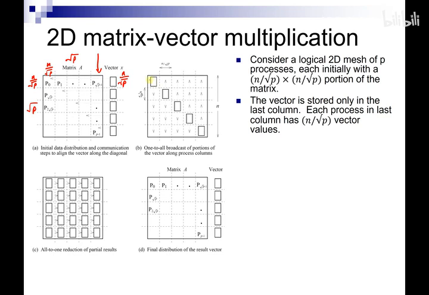For example, consider the processors in this first column. They each have a few rows of the A matrix, and you want to make sure that they can take their rows and multiply them by the corresponding part of X.